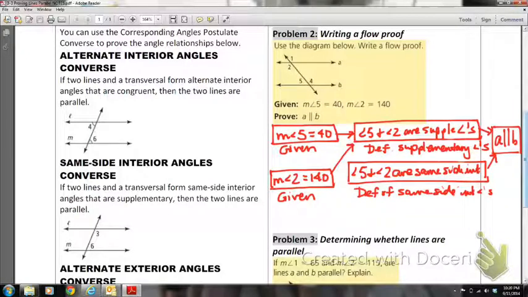And the reason we can make the statement that A is parallel to B is because of the same side interior angles converse. Remember, the only time we ever use a converse of one of these theorems or postulates is when we're proving two lines are parallel. So we've just proven that line A is parallel to line B. So we use the converse to do that.